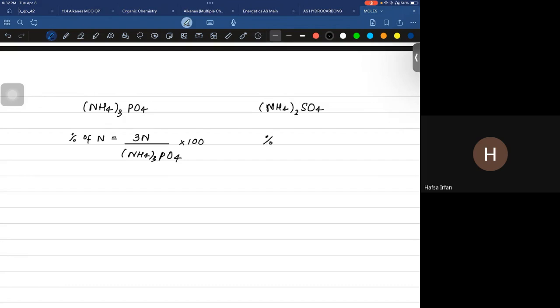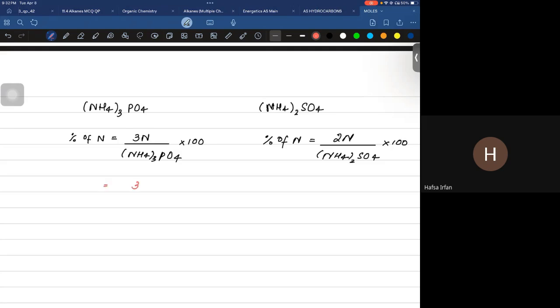And then percentage of nitrogen in ammonium sulfate: how many nitrogens we have, 2 nitrogens, divided by the total, multiplied by 100. Then you have to put the masses into that and solve it. Then you would get the percentage of nitrogen.